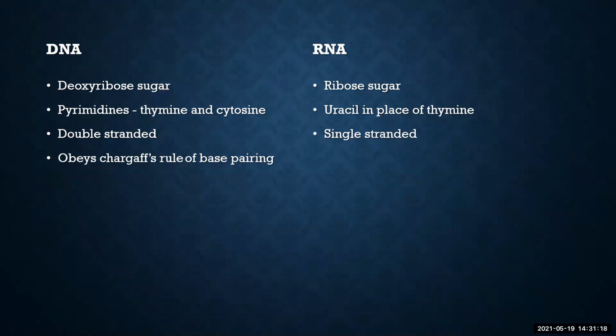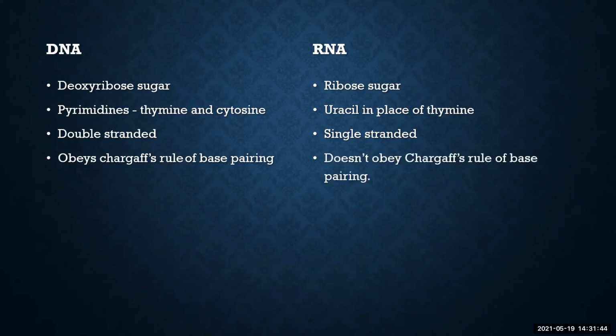So Chargaff's rule says the number of purines and pyrimidines within a molecule is equal. DNA being a double-stranded structure, it follows this rule. It's very easy. Adenine binds to thymine, guanine binds to cytosine. So the numbers of adenine and thymine, cytosine and guanine will be the same. So it obeys Chargaff's rule.